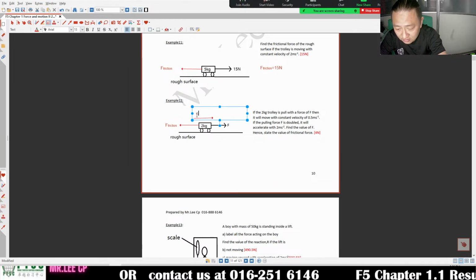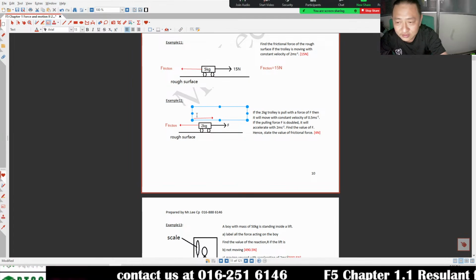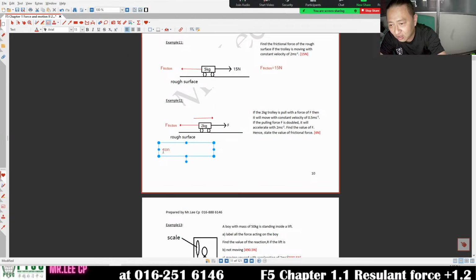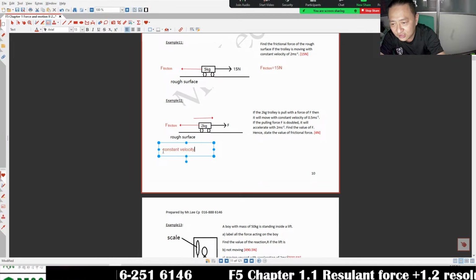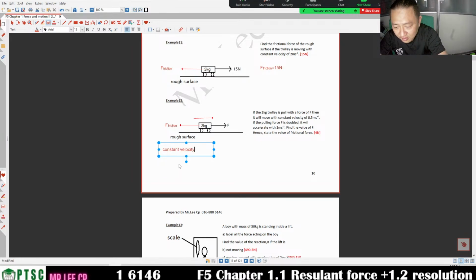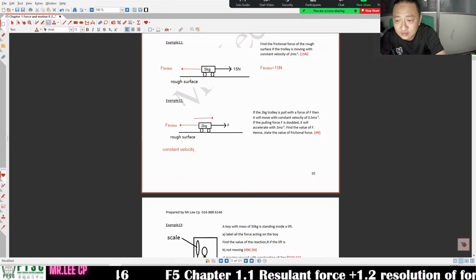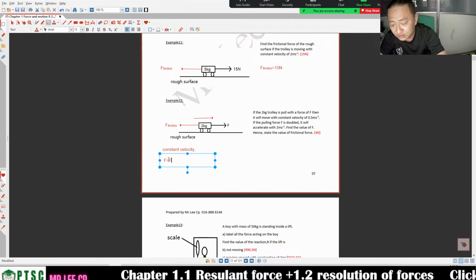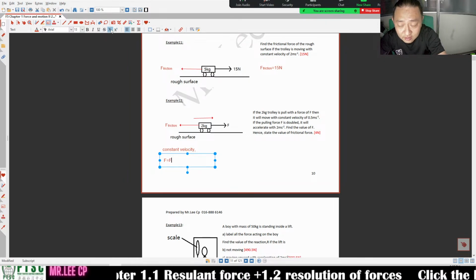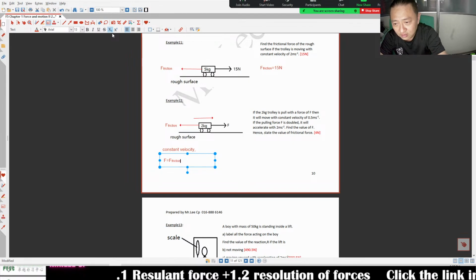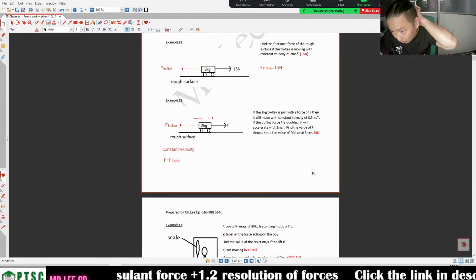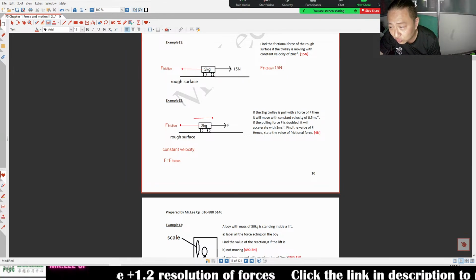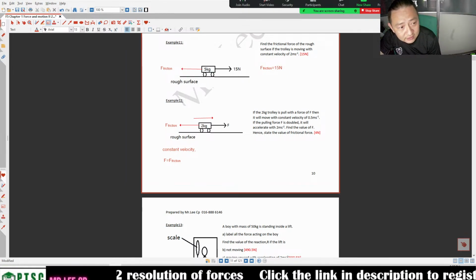I don't want to label this one first, right? If it moves with constant velocity, which one is bigger? F is equal to friction. Am I right? The force forward is equal to backward, so it will move with constant velocity. Do you understand this? From the top here.